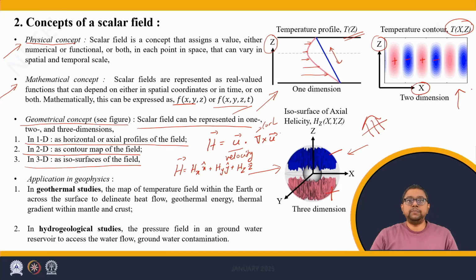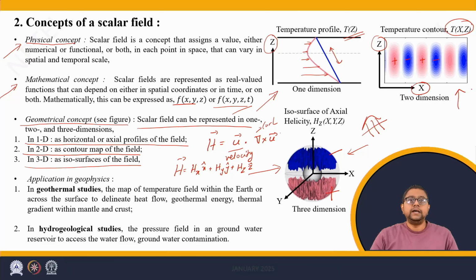This is a three-dimensional geometrical representation of a scalar field. Such representation can be adapted for any scalar field and appropriately shown in either 1, 2 or 3 dimensions. In geophysics, these scalar fields and their representation are of paramount importance.